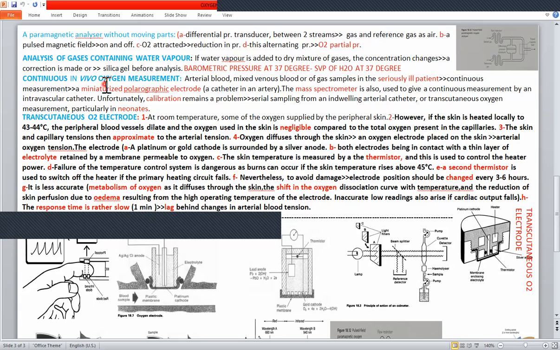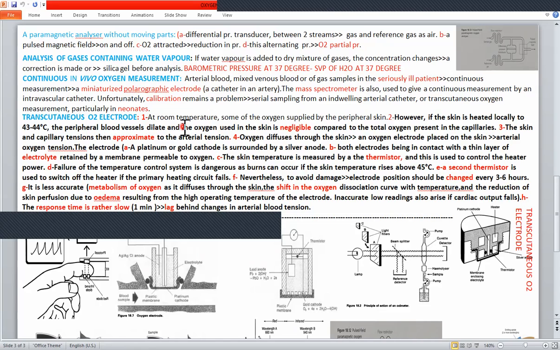Of course, continuous in vivo oxygen measurement uses a type of polarographic electrode, which is introduced into the human being, especially in seriously ill patients where we want continuous measurement. Of course, the problem, as with all internal measuring devices, is a defect in calibration.